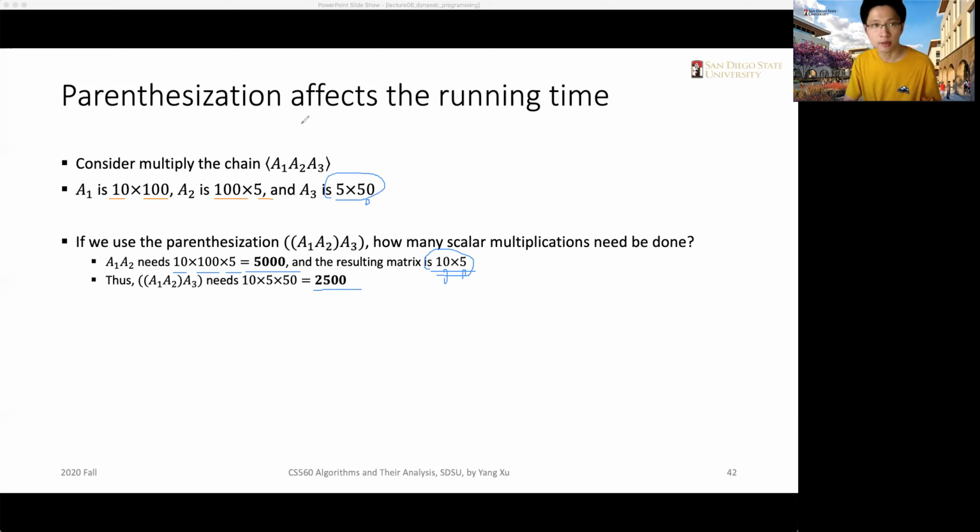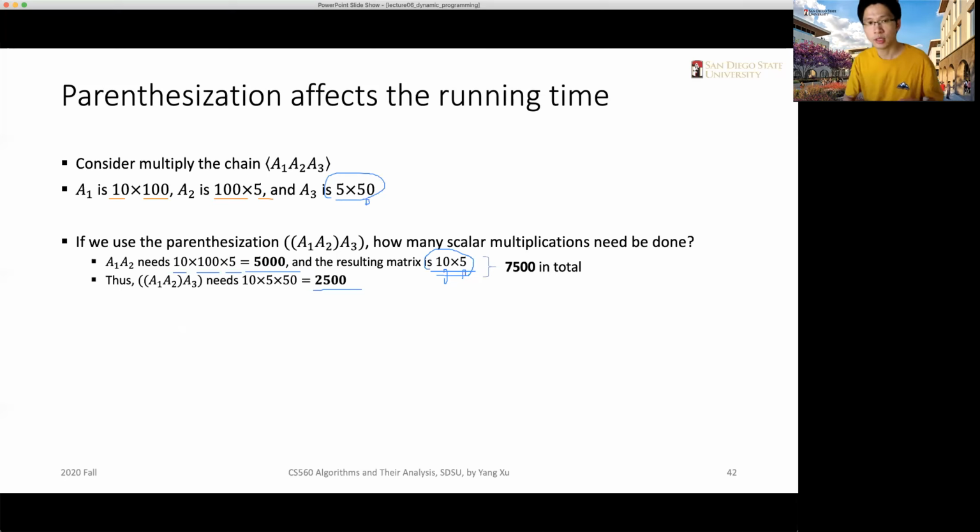And now we are done. So in total, there are 7,500 scalar multiplications needed. Okay, so that is the cost for parenthesizing A1 with A2.